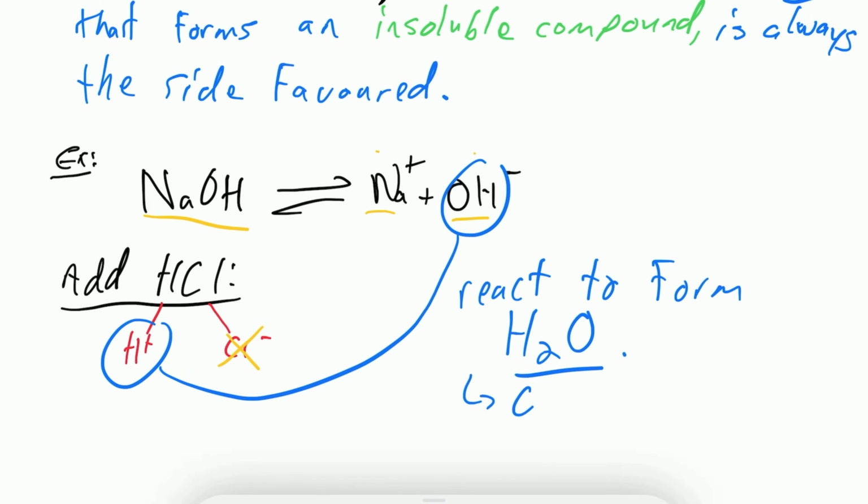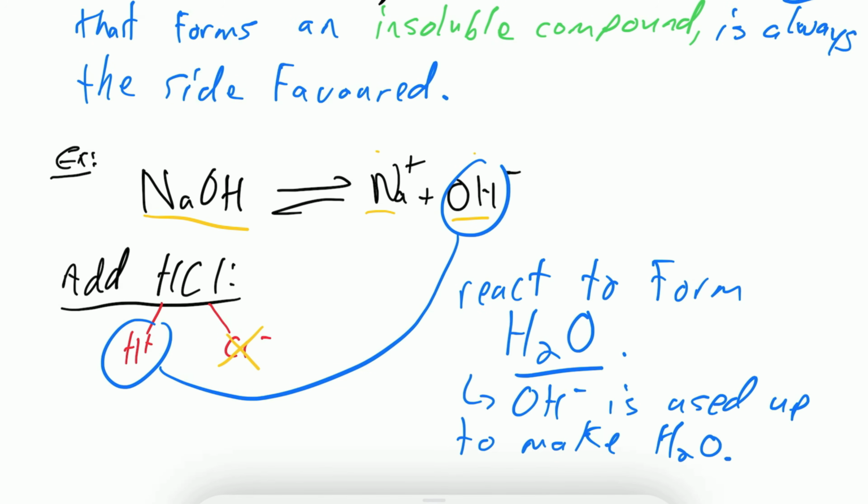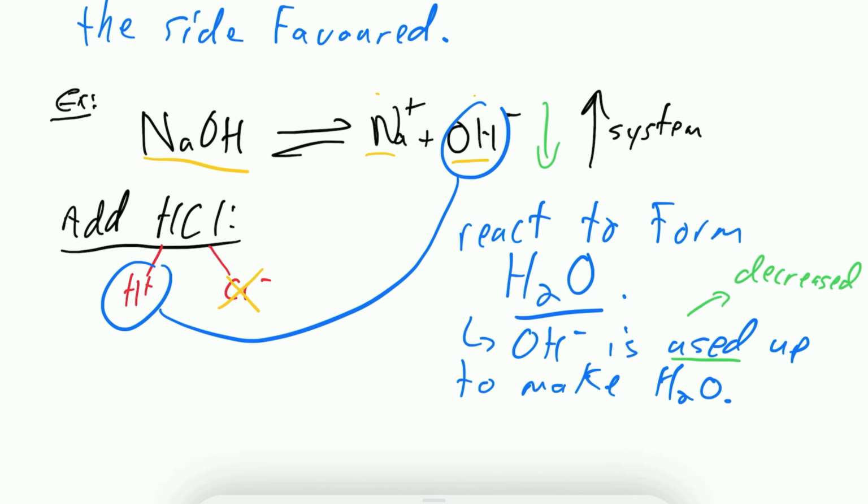And if that's the case, that means that OH minus is used up to make H2O. And used up is just another way to say decreased. And OH minus is a product, so if you decrease the product, well, the system is going to increase it right back up in order to counter that change according to Le Chatelier's principle.